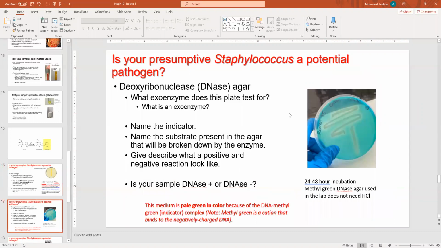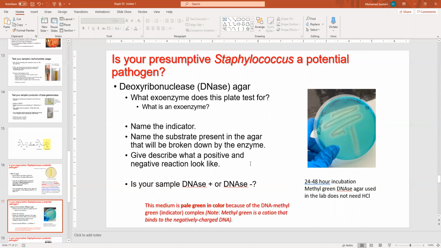Some Staphylococcus have the capability to hydrolyze and degrade DNA. So they produce DNases to do this kind of job. So again, there is a media in your test that basically has the bacteria, and you need to know why the color is green here. What kind of indicator is being used in this kind of testing?